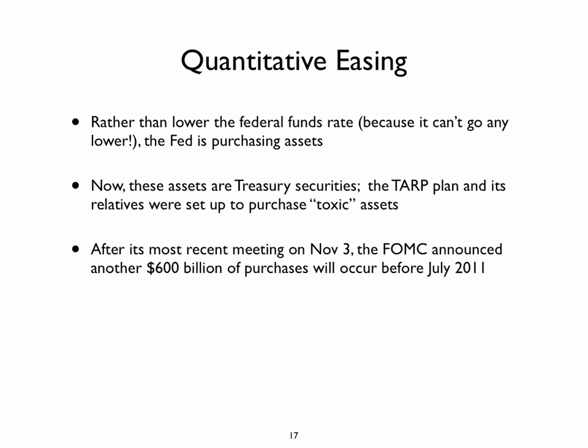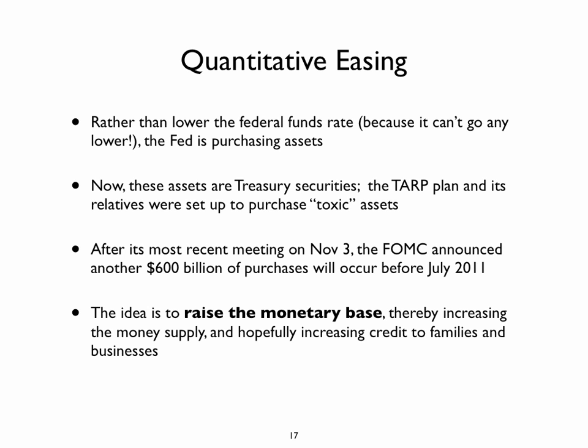And so this was announced at its most recent meeting on November 3rd. The FOMC said it would buy another $600 billion of Treasury securities before July 2011. And the idea is to basically raise the monetary base, also to lower the interest rates on these government securities. And so what they're thinking about here is increasing the money supply and hopefully increasing credit to families and businesses.